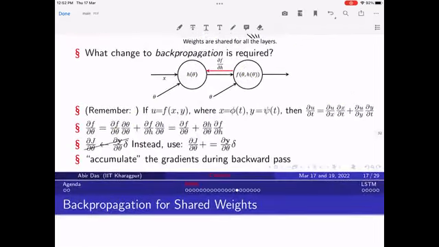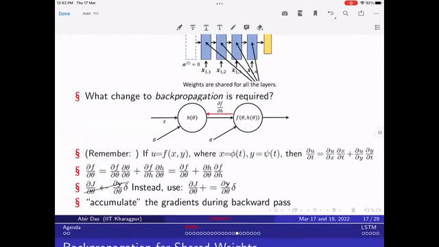Instead of overwriting with the previous delta times del y del theta, whatever del J del theta you have got from here, you just add to it. So accumulate the gradients during the backward pass.